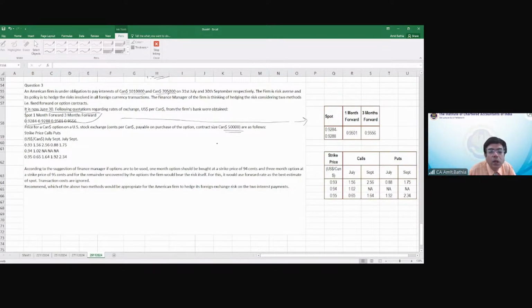So you can look at this particular table now. The strike price is 93 cents, 94 cents, 95 cents, and these are basically the premiums mentioned for the calls and put options depending on whether you are going for the July or September option, right? Remember, currently you are on June 30, so you are talking about 1 month over here and 3 months over here, right?